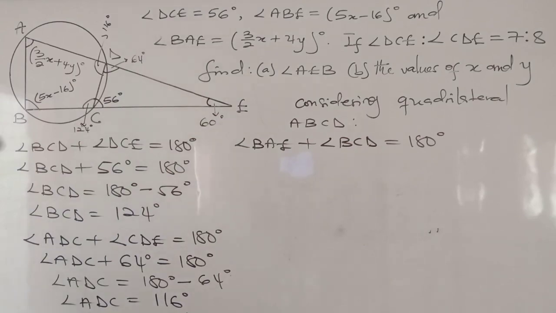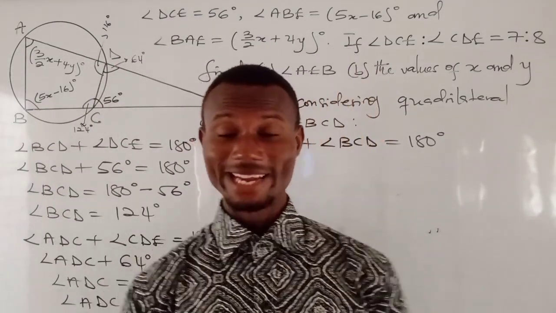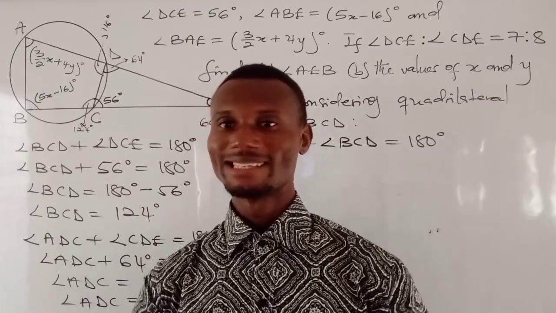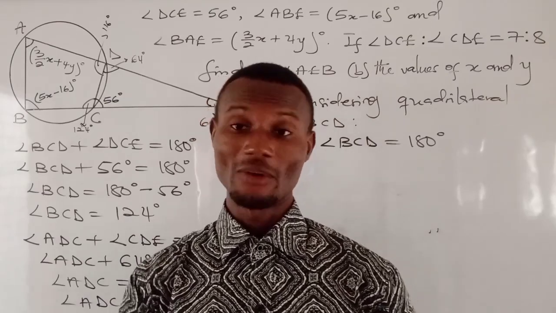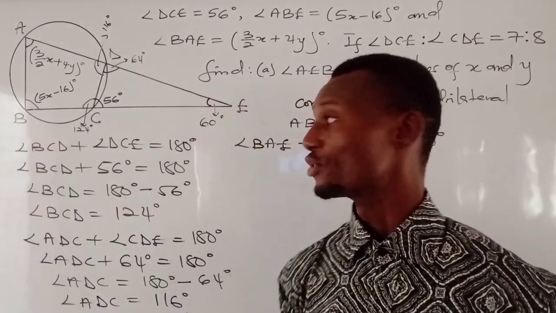I hope you understand and you agree with me up to this point. We are just applying the property which says that the sum of the opposite angles in a quadrilateral equals 180 degrees. So let's go ahead and input our values.